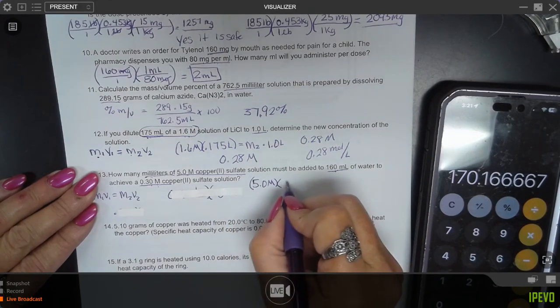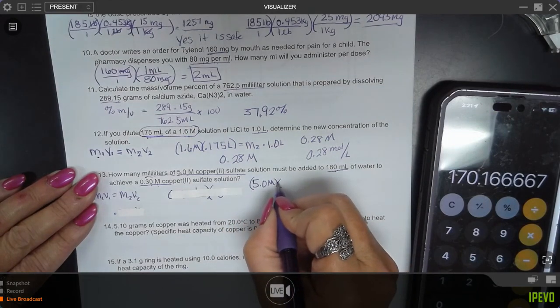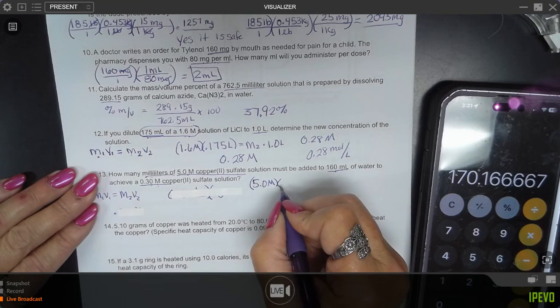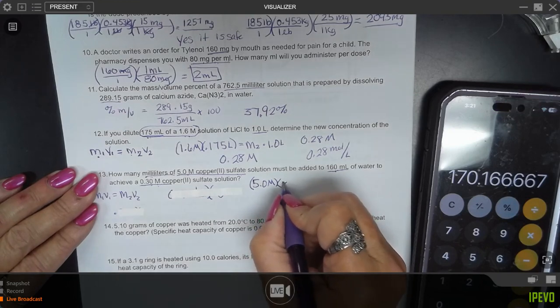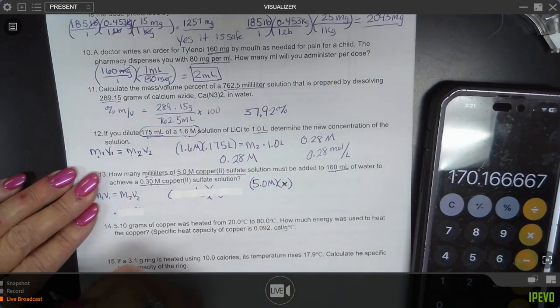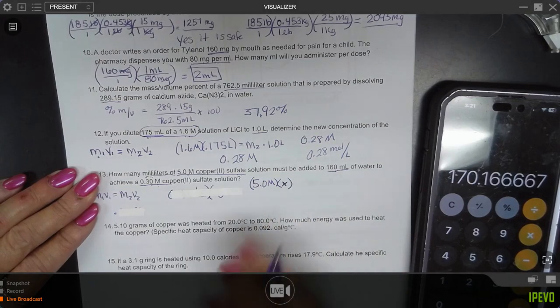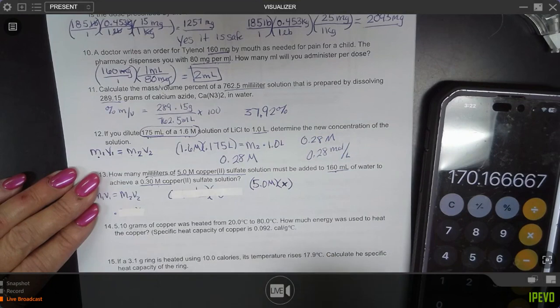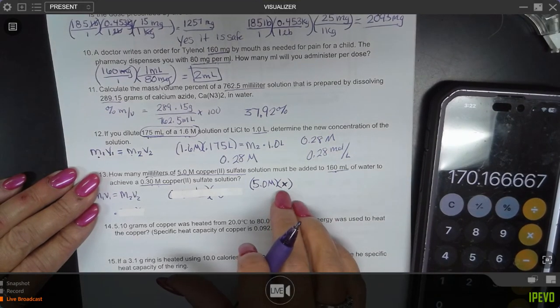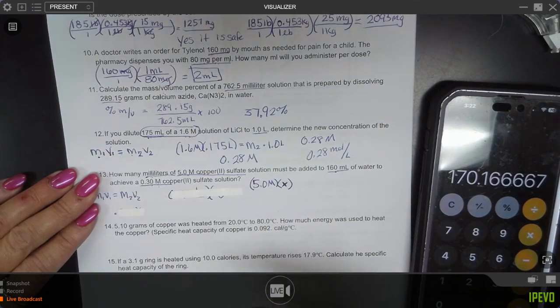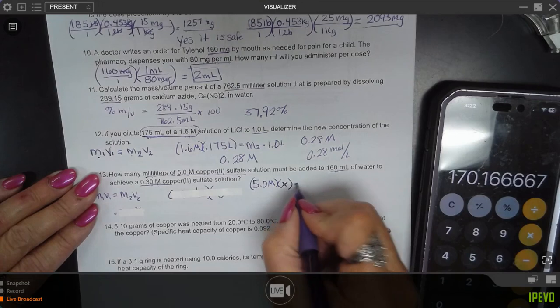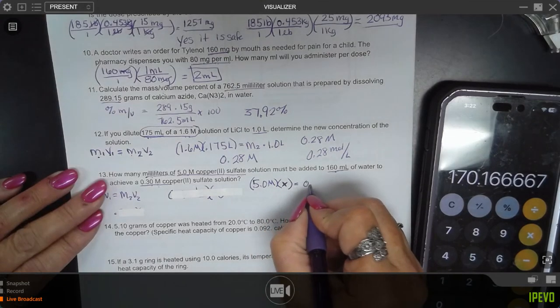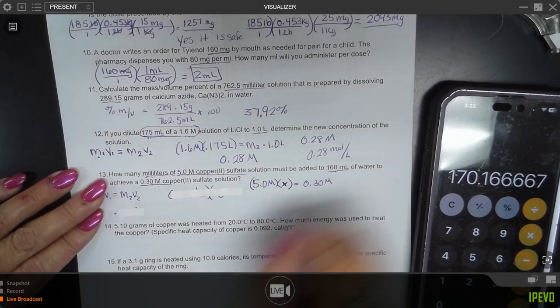So I'm going to say X. Okay, X is how much the volume of this solution is. Okay, so we're going to add some amount of this 5 molar solution to water. Okay, or we want a certain amount of this, and then we're going to add it to water to dilute it. Okay, so we want to have a 0.3 molar solution.